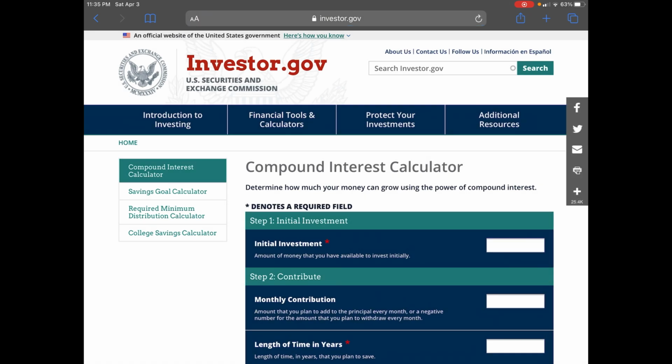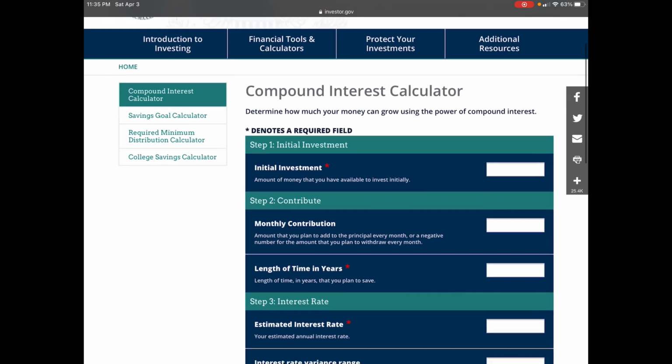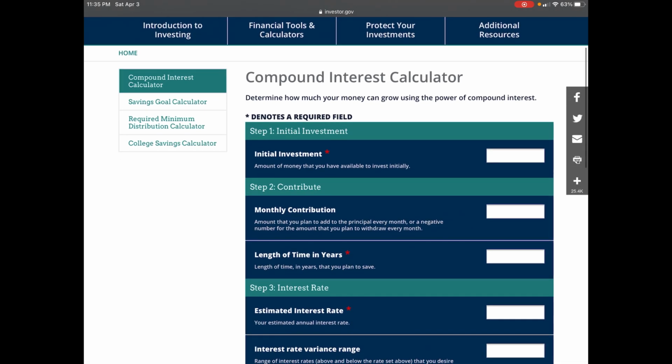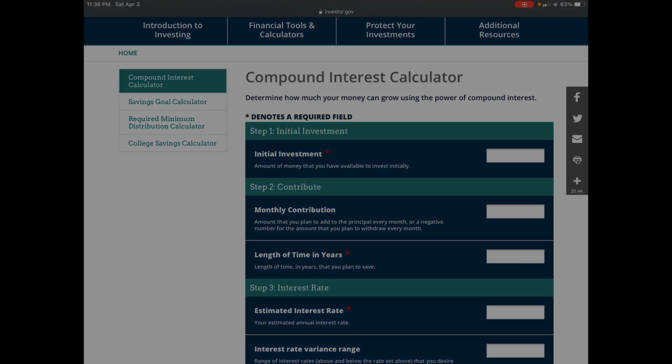And when you do it in the compound interest or through investing with a 6% rate of return, with an initial investment of $1,000 and $100 every month, by the age of 60, when you started doing this at the age of 30, you will have $1 million.